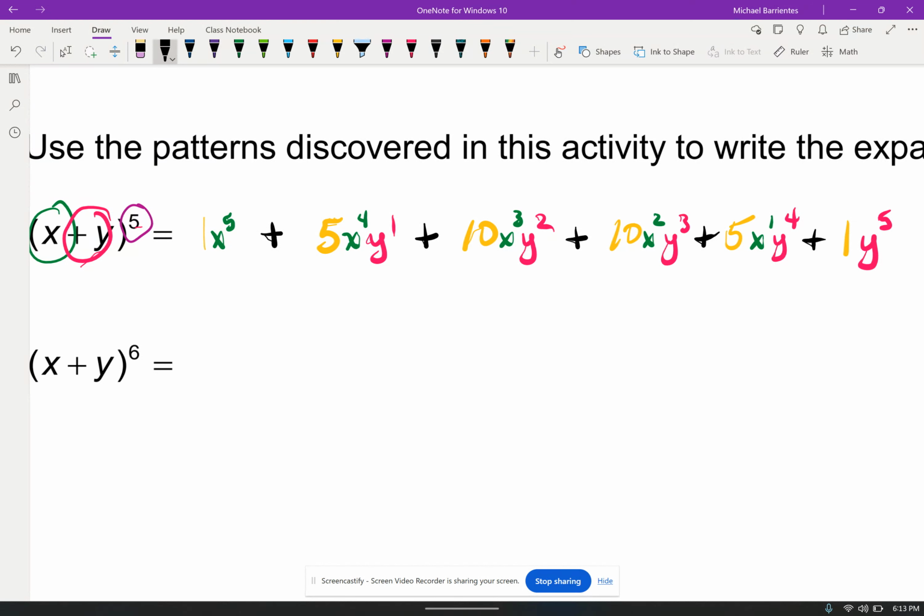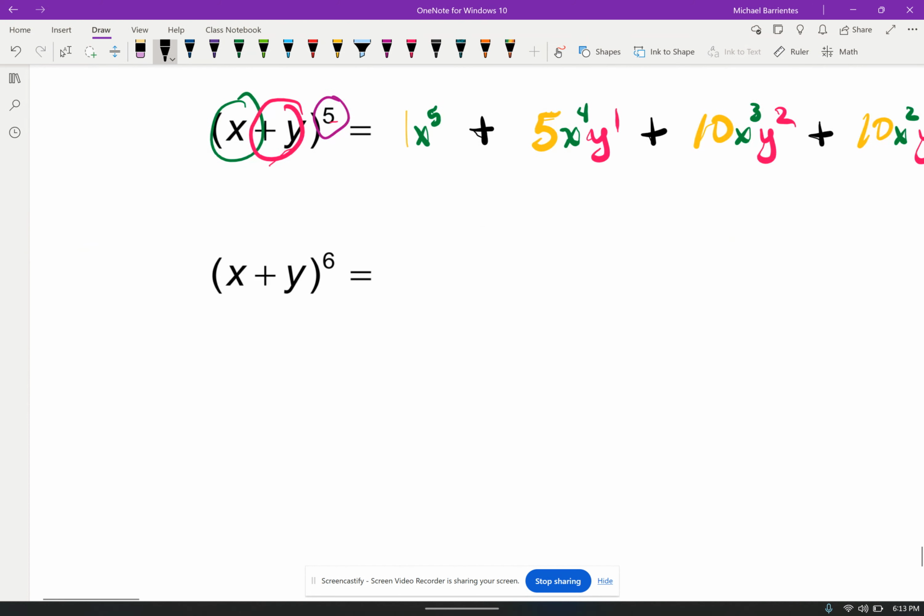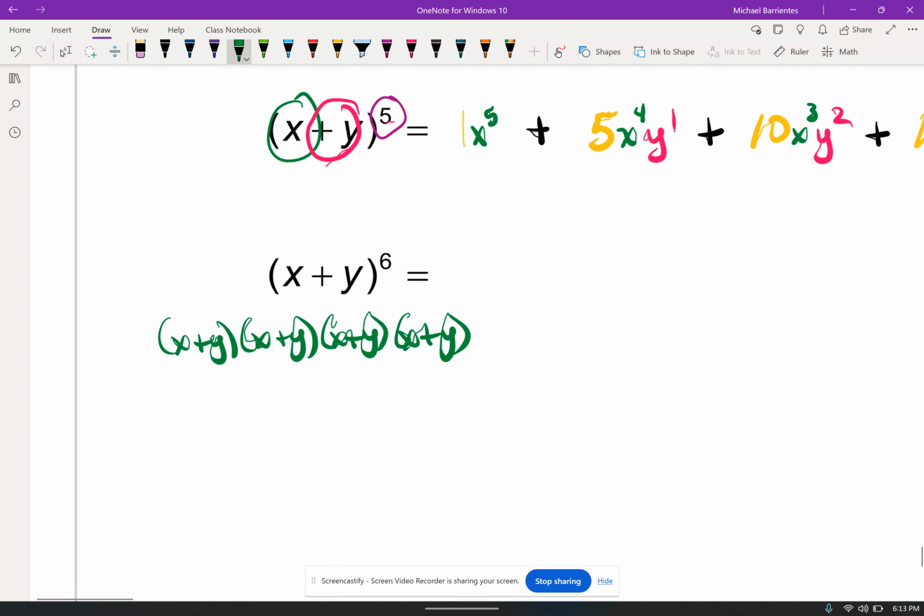It allows us to multiply binomials however many times you want, whether it's 5 times or whether it's 6 times. Remember, what this means is x plus y times x plus y times x plus y 6 times. That's a lot of multiplication I would have to do, and I'm kind of lazy and really don't have time to do that, right?